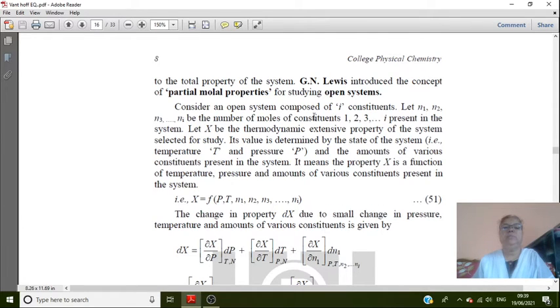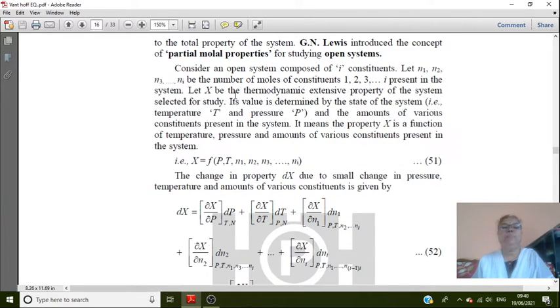Consider an open system composed of i constituents, and let n1, n2, n3, up to ni be the number of moles of constituents 1, 2, 3, up to i present in the system.